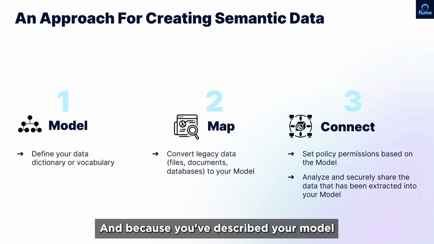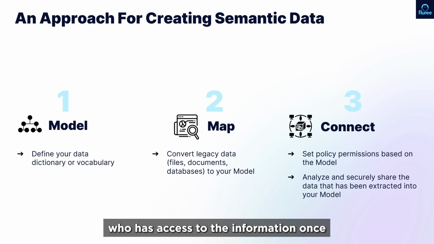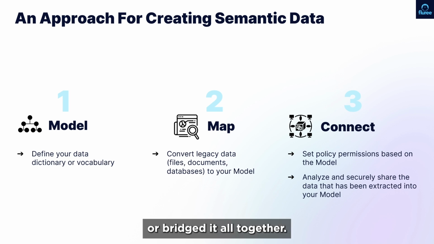And because you've described your model and mapped your data to that model, we can define a contract using that same exact model to control who has access to the information once we've connected or bridged it all together.